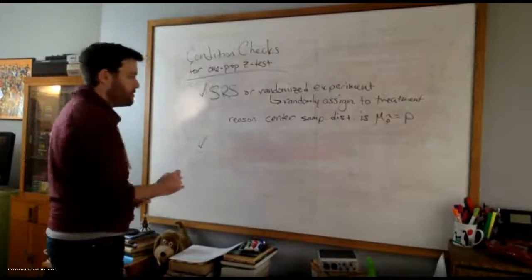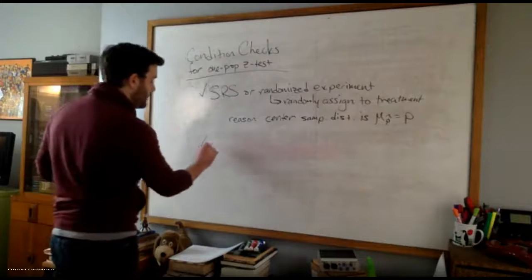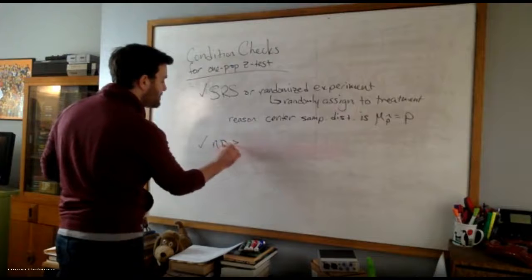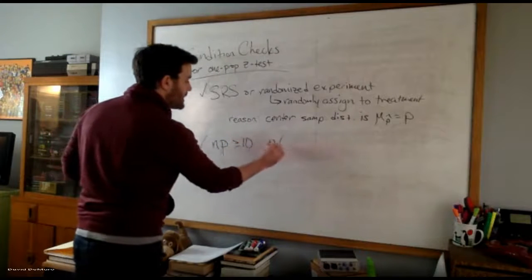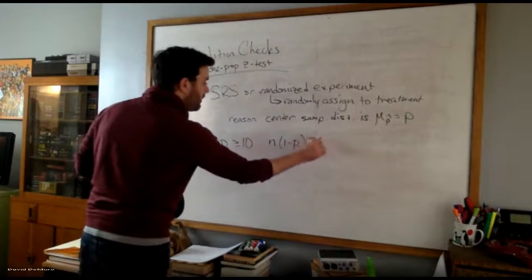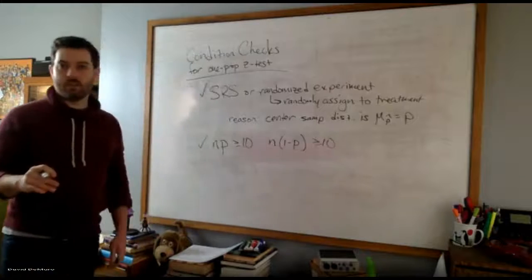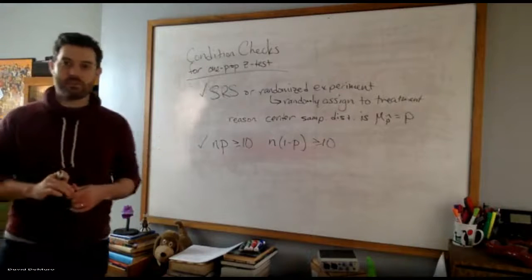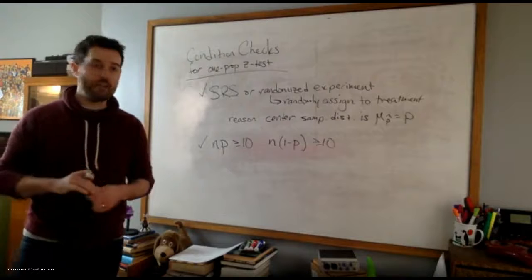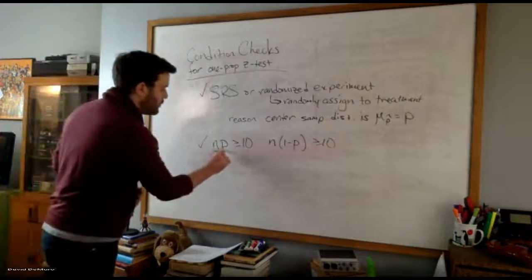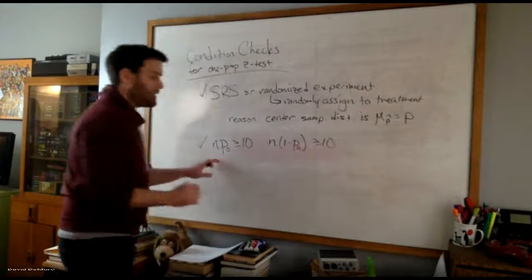The second condition would be your normal curve check. That would be that n times p is greater than or equal to 10, and n times 1 minus p is greater than or equal to 10. And the same question comes up here. Do we use p hat? Do we use the parameter p? Because this is a test and we are assuming we know the parameter, that's what we're using.